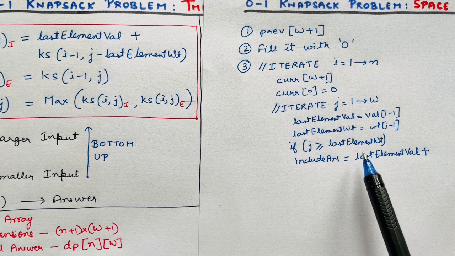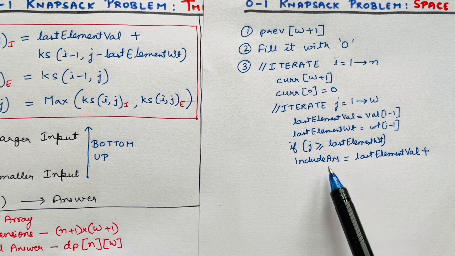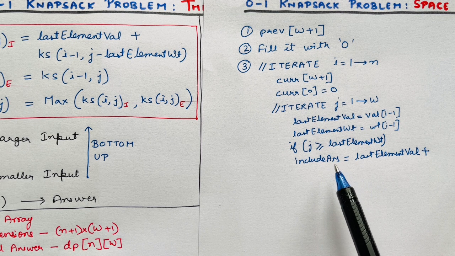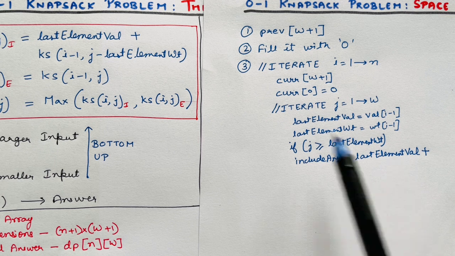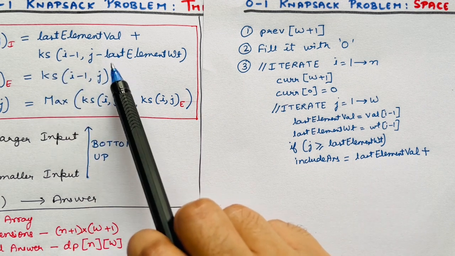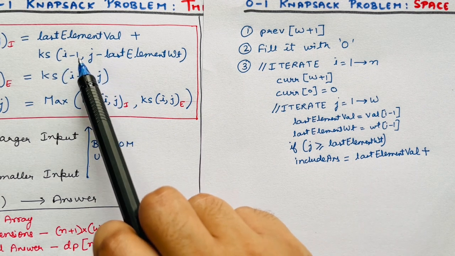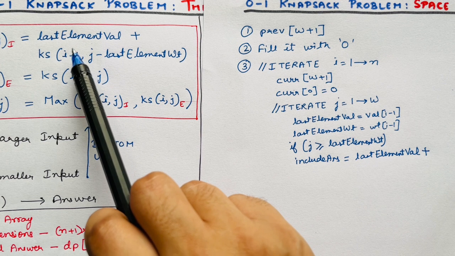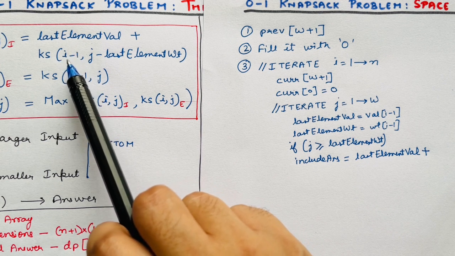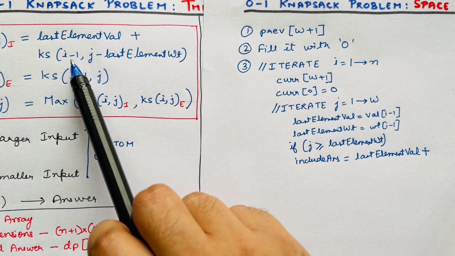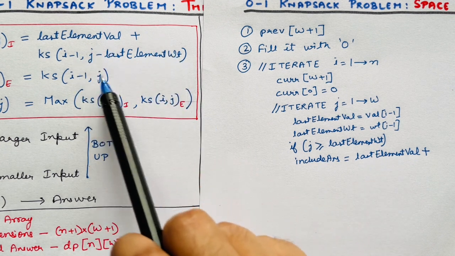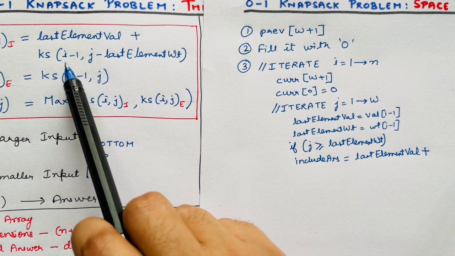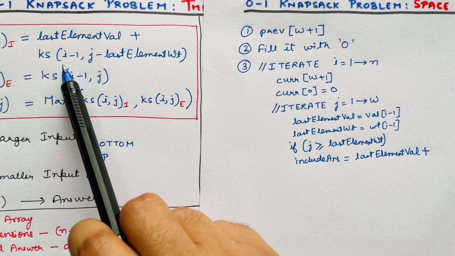Now if this condition is satisfied and we include the last element, what is the include answer? The include answer will be the value of the last element plus the answer for this problem. That is, we have to maximize the value that we can obtain by using the first i minus 1 elements, because we have already included the last element, and with this reduced capacity. Now we are talking about the first i minus 1 elements.